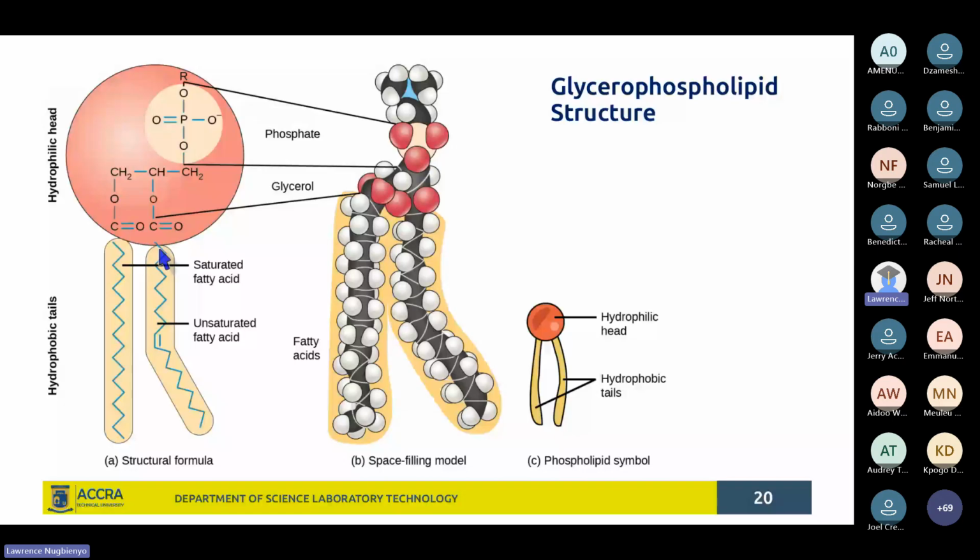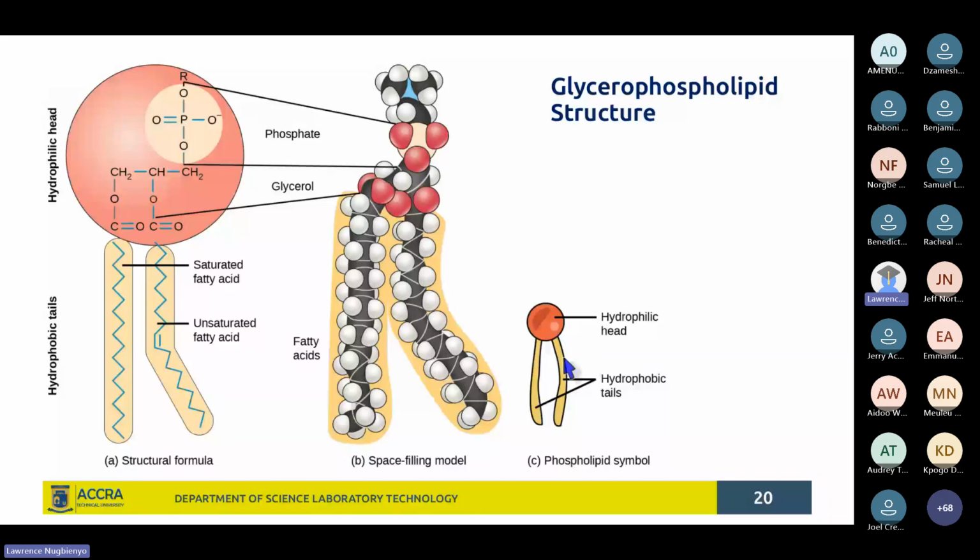And when you are writing, a lot of times you just draw a circle and 2 lines under it to show that this is a phospholipid, or even sometimes just to show some glycerol-lipid, like you have a glycerol with some fatty acids on it, a side chain like that.